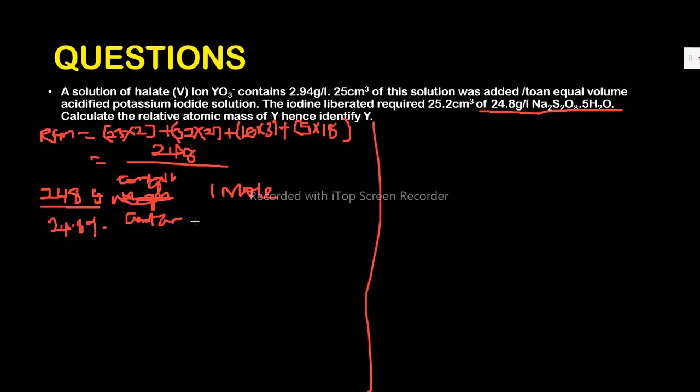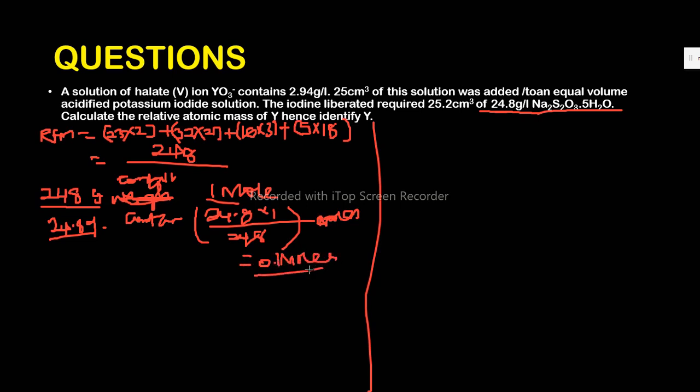So give us the answer. It will be this times this out of this, which is 24.8 times 1 out of 248. So what's the answer? 0.1 moles.